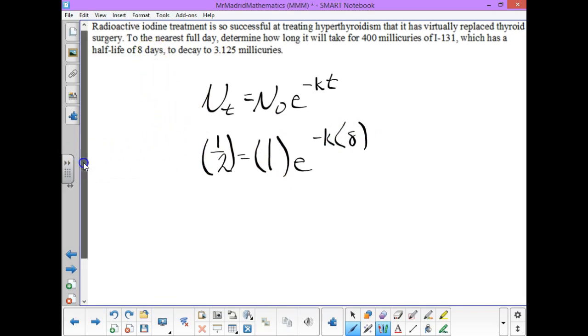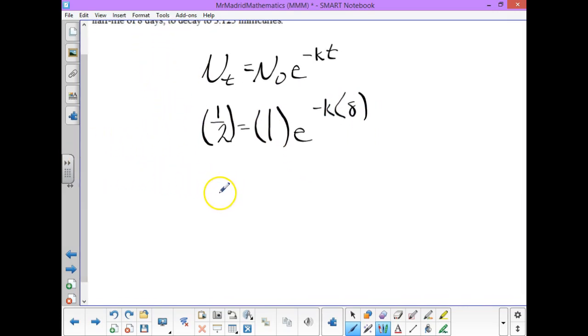Alright. So what we can go ahead and do is kind of solve this. So let's go and clean this up. So we've got one half equals e to the negative 8k. Alright. Now the next thing we can do here, and this is from the notes we just provided earlier, is we do want this exponent to come down as a regular script, right?